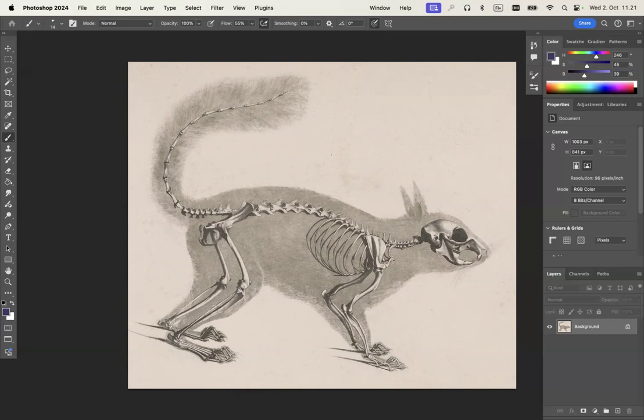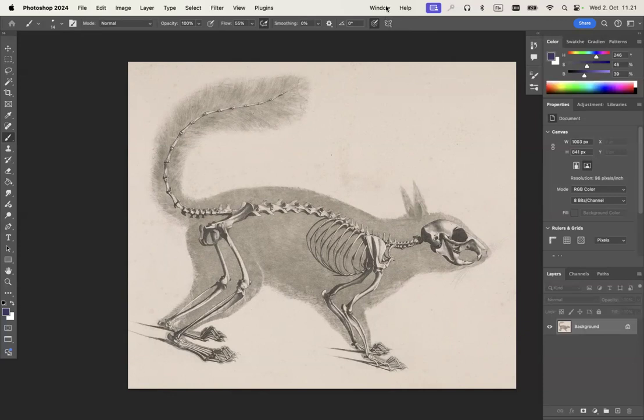And I also noticed that the shape of the toes is interesting. So very, let's say, ape or even human-like in some sense.